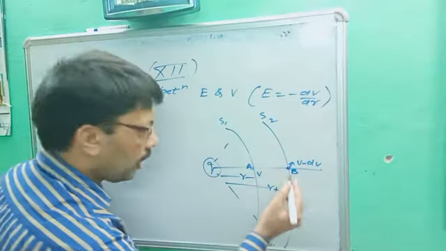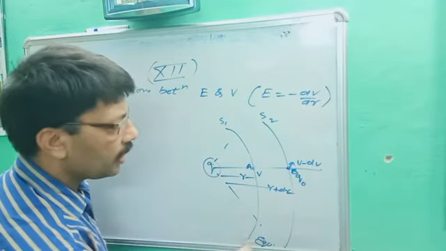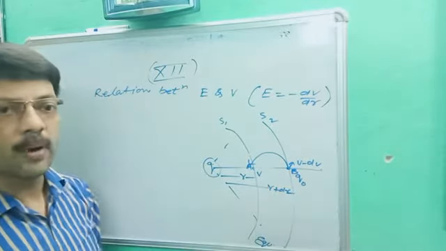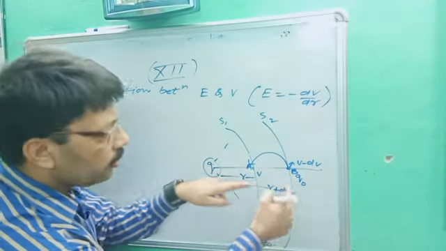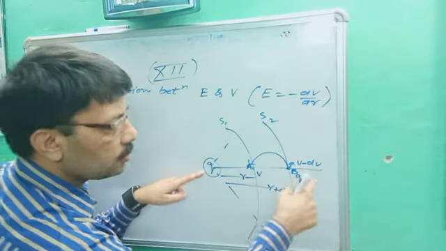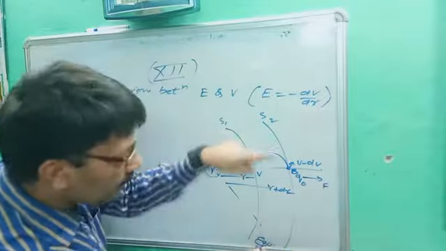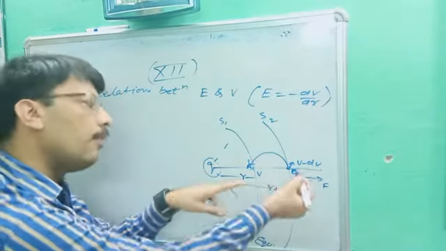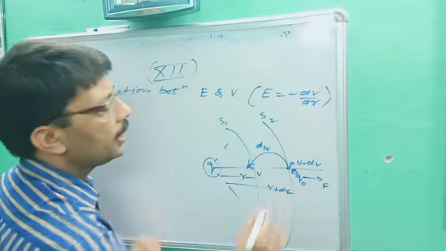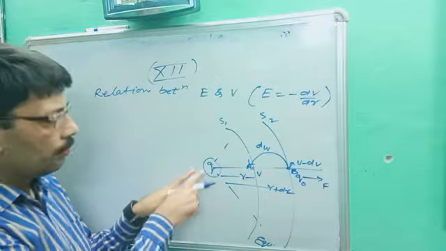Now, if a Q naught charge, the test charge, is brought from point B to point A, since this is a plus charge, it will repel the plus test charge with a force F. We are trying to bring the charge Q naught from one point to another, and let's suppose the work done is dW.